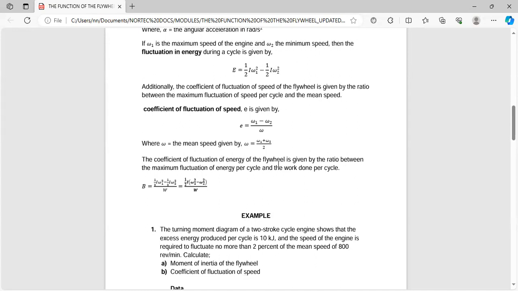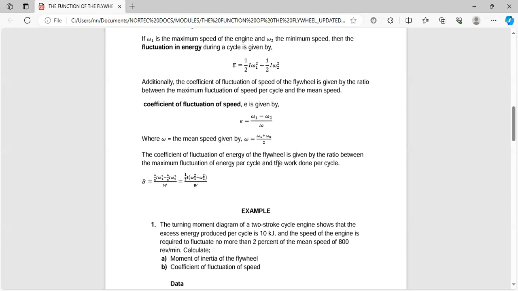So the work done per cycle is given by W. So once again, we're saying that you need a flywheel to absorb that energy, store it, and then release it so that your engine can continue running smoothly. And what we have here are some formulas that we use for the analysis of the performance of a flywheel in terms of that fluctuation in energy which takes place.